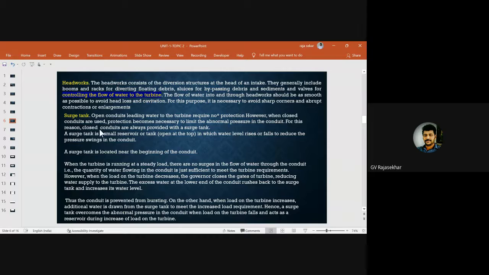For this reason, a surge tank is always provided to take the pressure on the penstocks. A surge tank is located near the beginning of the conduit.